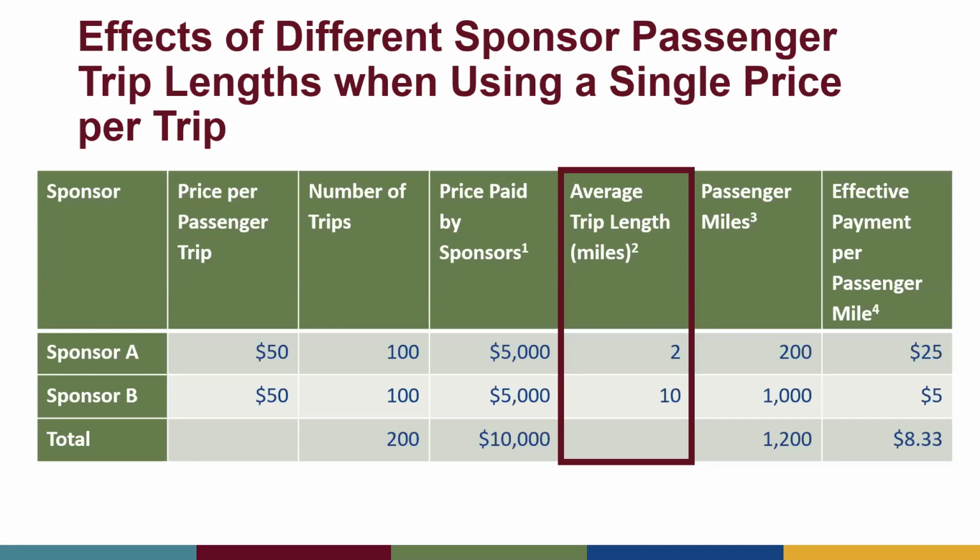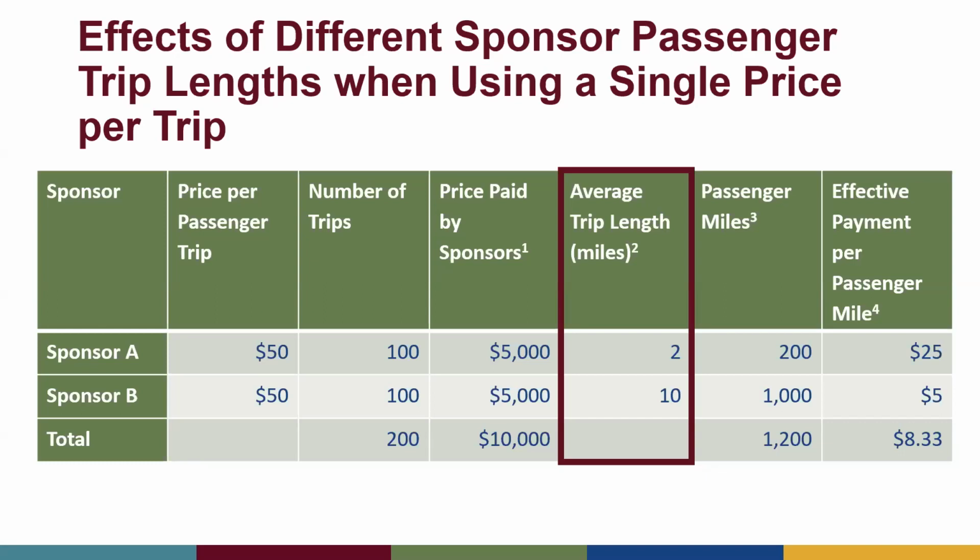So what happens, of course, in this case is that if you carry the same exact number of people, 100 people for both sponsors, and you charge $100 per trip, both sponsors are going to pay you $5,000. But the reality is that doesn't reflect the cost of providing services for sponsor A and sponsor B. In effect, if you look at the far right-hand column, sponsor A is paying way more than they should.